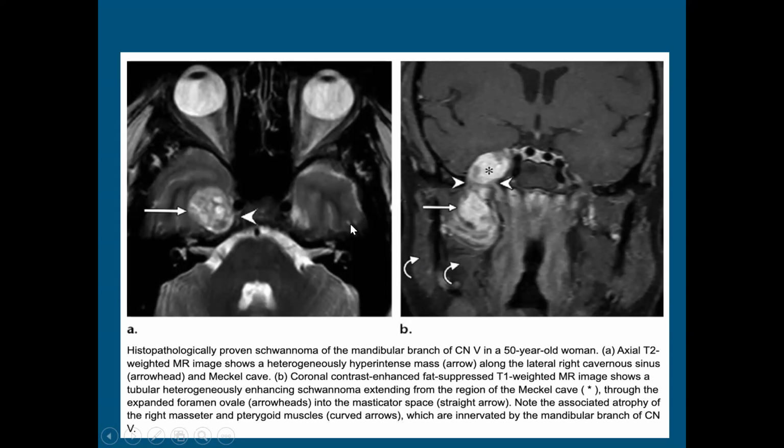So this is a case of mandibular nerve schwannoma, and we can see how the masticator space extends superiorly, and how the lesion originating in the masticator space is seen extending superiorly.